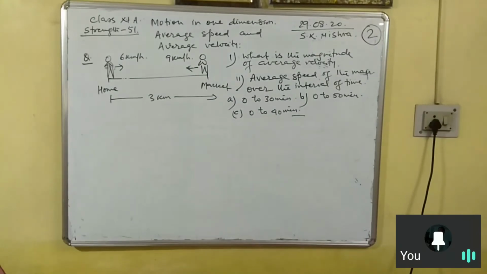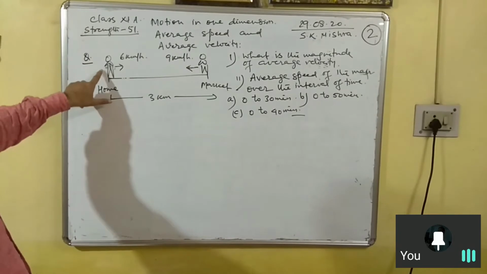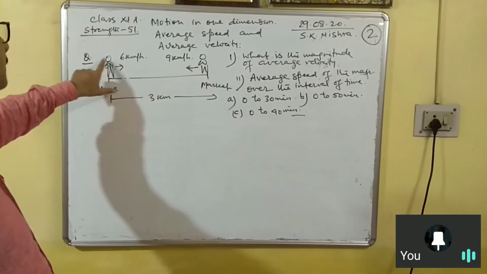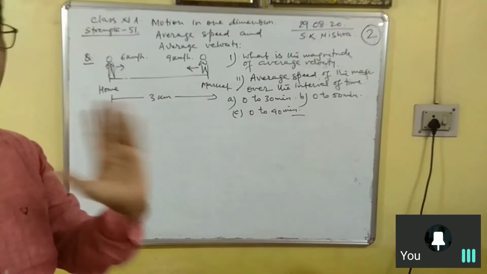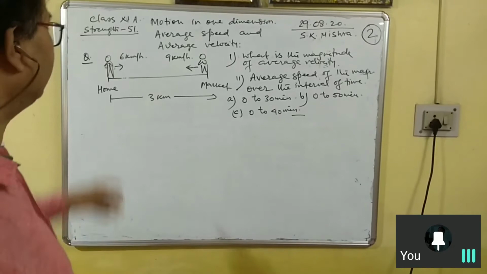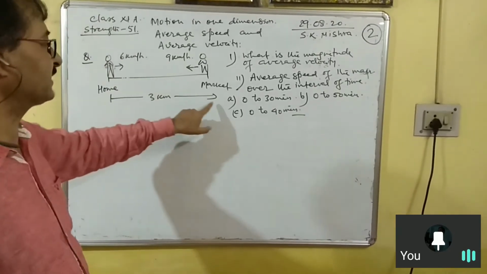So first you have to find the magnitude of average velocity in 0 to 30 minutes. See, the man has to cover a distance of 3 kilometer, and the man starts moving with a constant speed of 6 kilometer per hour. So how much time will he take to cover the 3 kilometer distance?